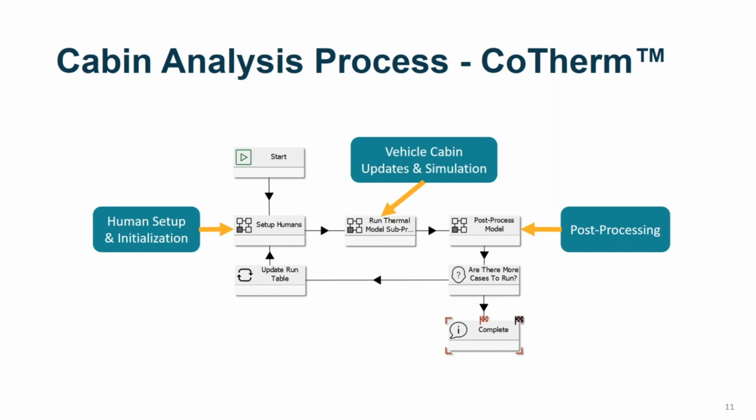So in the vehicle cabin block there, we set up the vehicle by importing our boundary conditions and then run the model. And then after that, we have our post-processing task, which will run your thermal reports and do any post-processing and directory cleanup you need. Then it'll continue running through the table and continue executing runs.